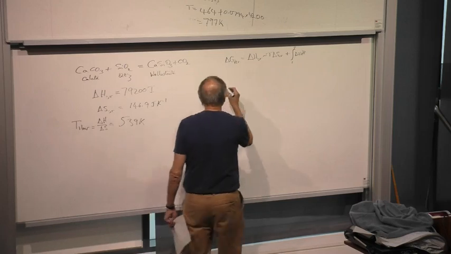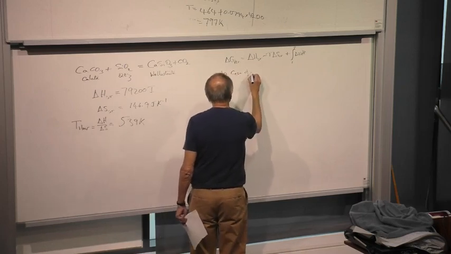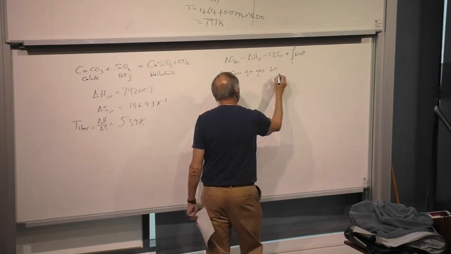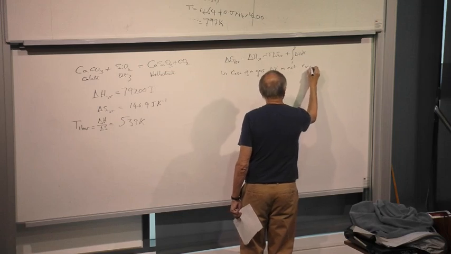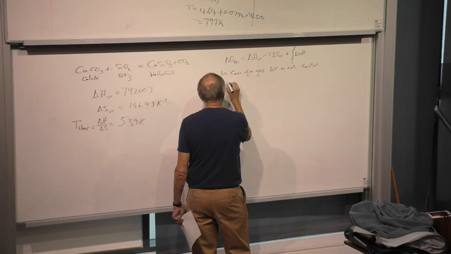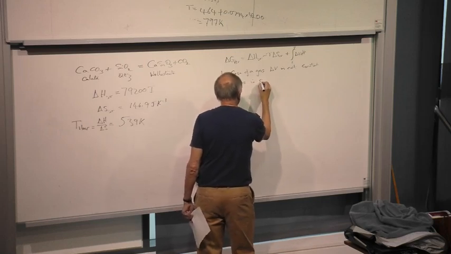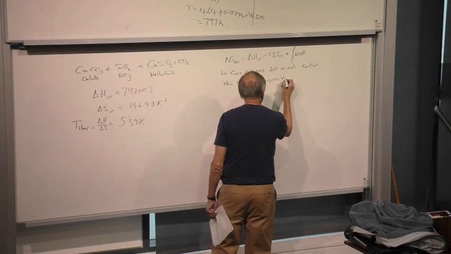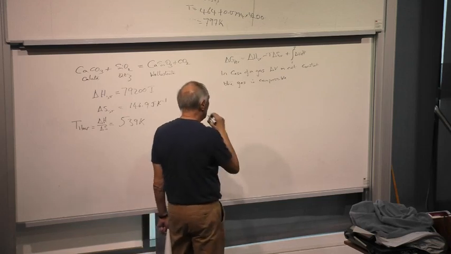So in the case of a gas, delta V is not constant. Gas is compressible. So we want to calculate this reaction at higher pressures. We need to do something about that.